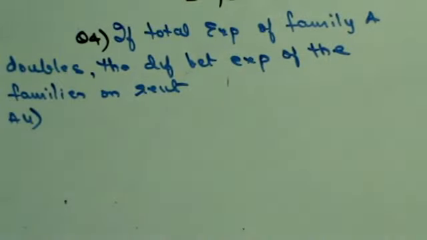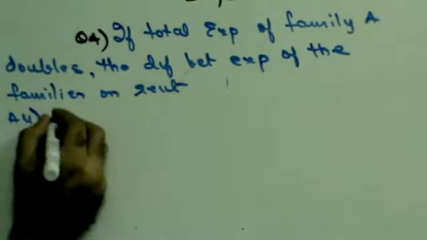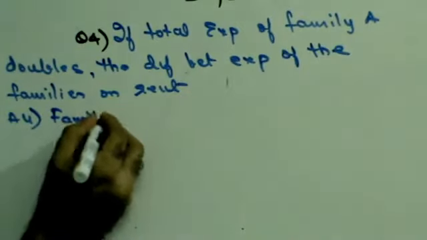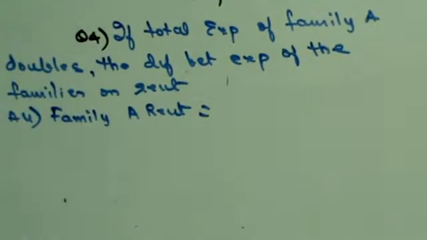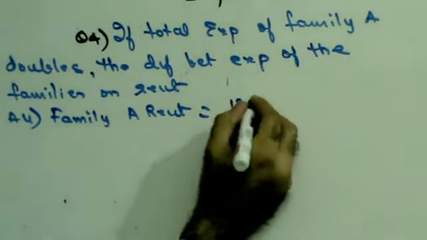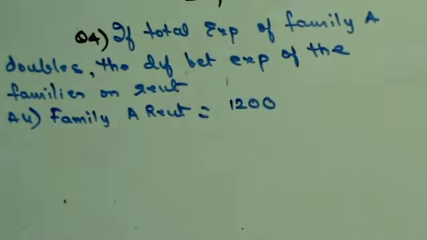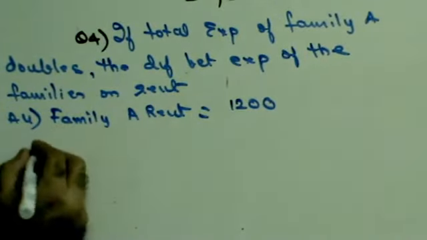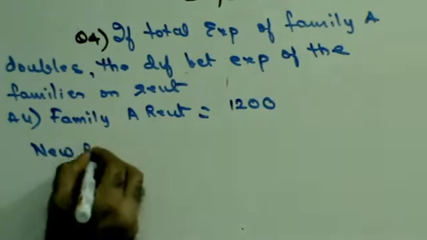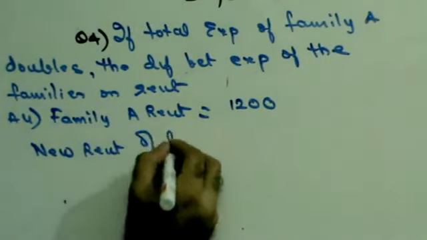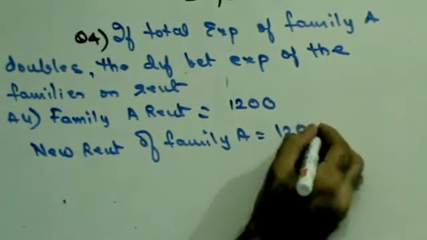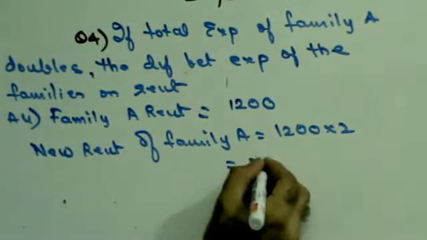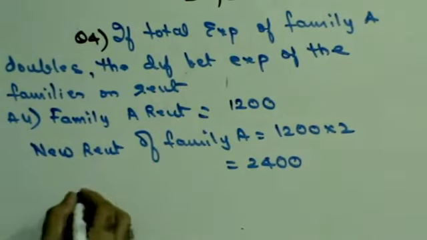Right? Family A rent. The rent of family A now is 1200. They are saying that the expenditure doubles. If the expenditure doubles, that means the rent expenditure will also double. So new rent of family A will be 1200 into 2, which is nothing but 2400, right?